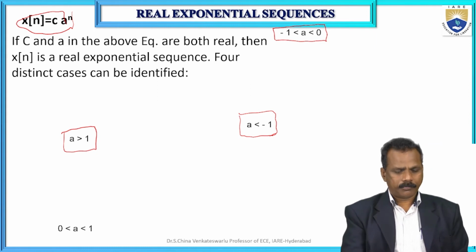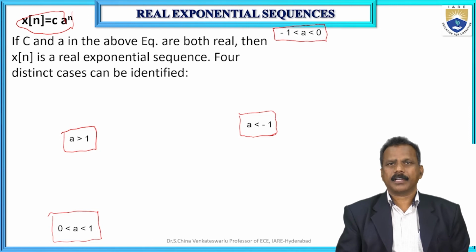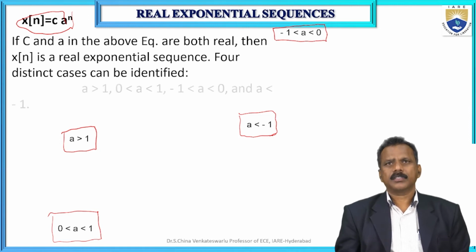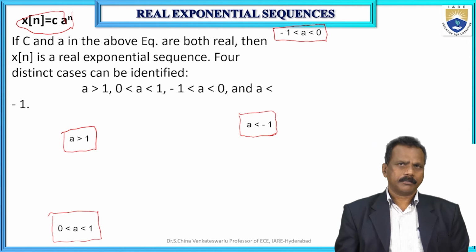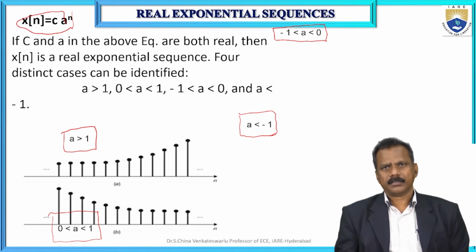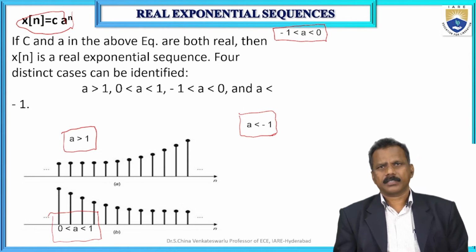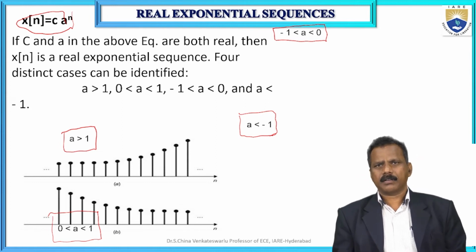Using all four conditions, 0 less than a less than 1, how does it vary graphically? So if it is a greater than 1, 0 less than a less than 1, minus 1 less than a less than 0, and a less than minus 1, it is right to represent all these exponential sequences, n versus how it varies.